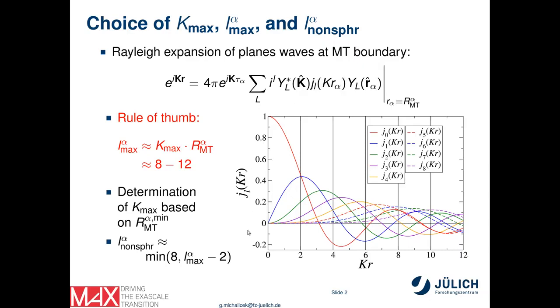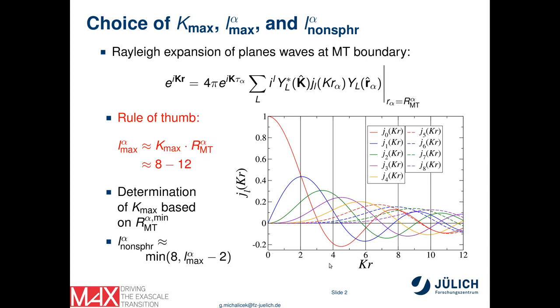And in this panel on the lower right, I plotted these spherical Bessel functions. You see that there is a rule of thumb of how we should select Lmax and Kmax and muffin-tin radii relative to each other. So the Lmax should be Kmax times the muffin-tin radius.